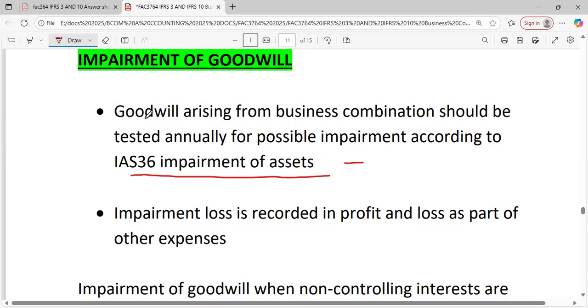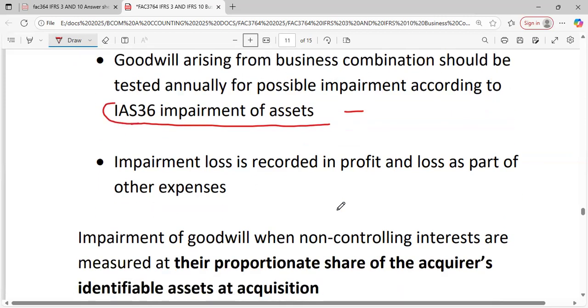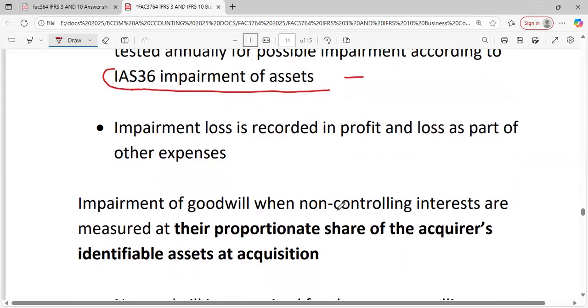So there is no much work that we are going to do, because we'll be told how much impairment should we apply to goodwill. It's not like in AIS 36 where we have to go through a lot of calculation to do the impairment loss. Right, so impairment loss is recorded in profit and loss as part of other expense.